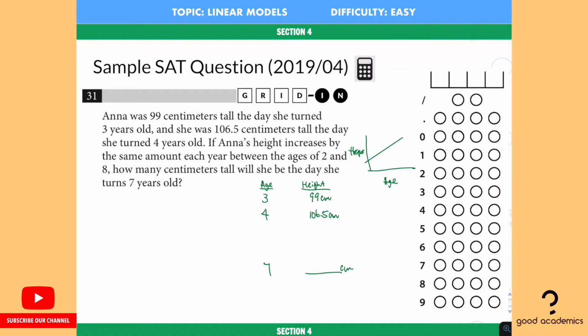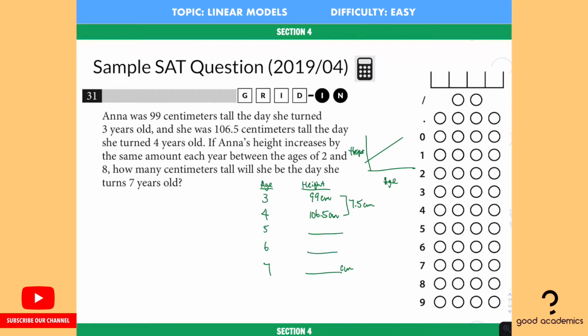Since you have a calculator, what is really easy to do is, let's find the difference between these two numbers, which is 7.5 centimeters. Since you are going to have a few more years here, we go from age 4 to 5, 5 to 6.